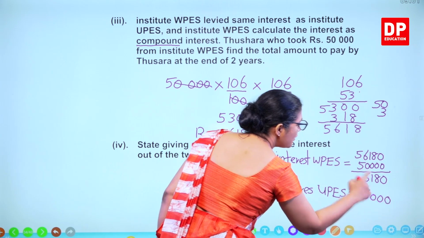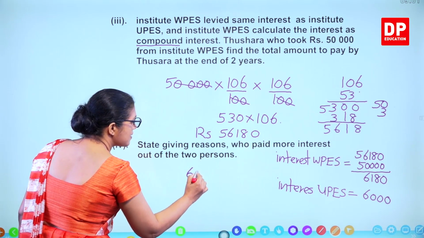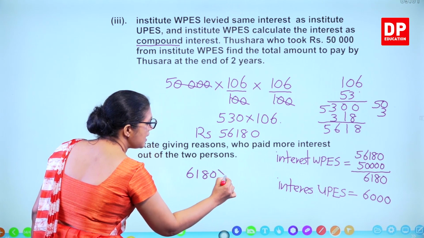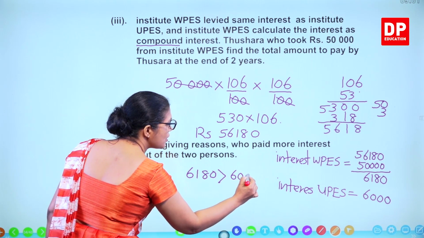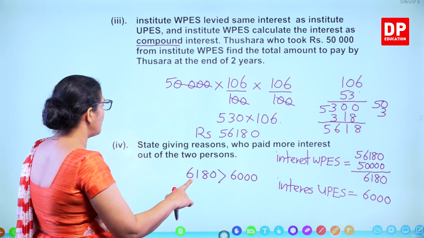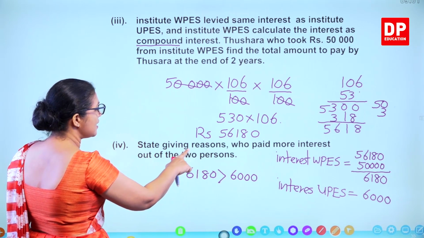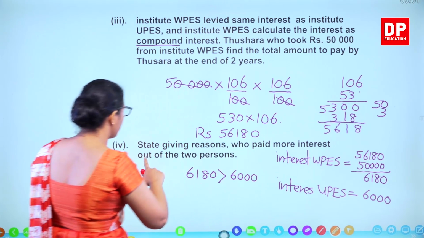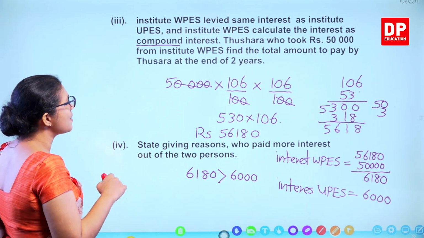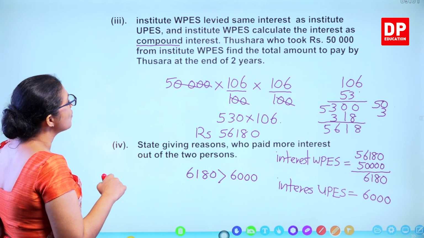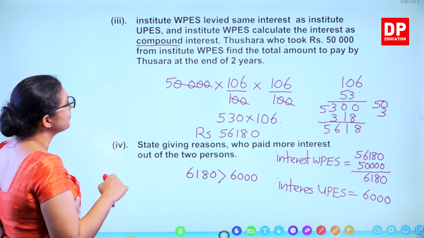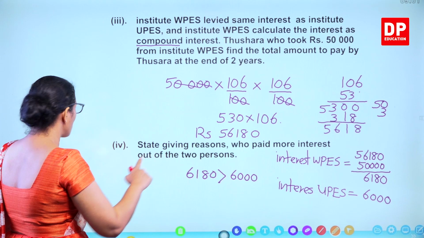What can you say about these two? We know that 6,180 is greater than 6,000 rupees. So in this one, state giving reasons who paid more interest out of the two persons. So who did that? Tushara.